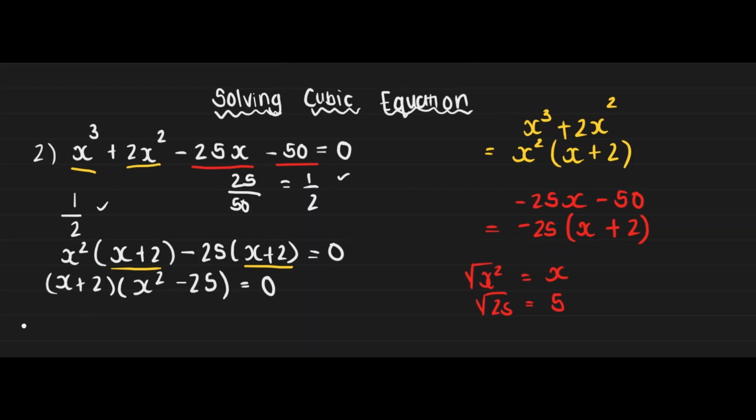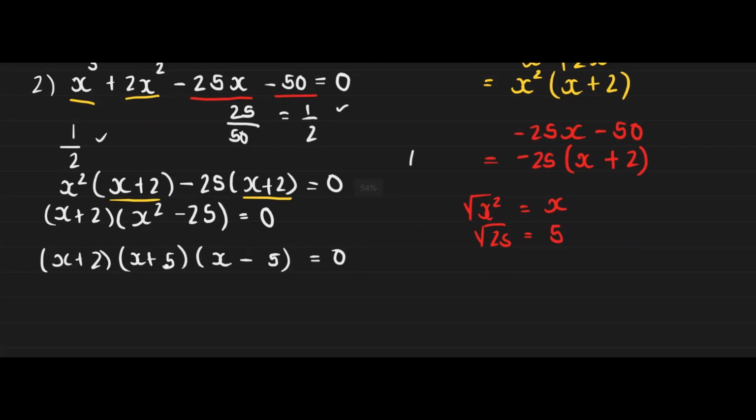So let's do that. If we say x plus 2, open two brackets, then we're going to have x here and x here, and 5 here and 5 here, equal to 0, plus or minus. Since we're solving cubic equations, we need to equate our brackets to 0.